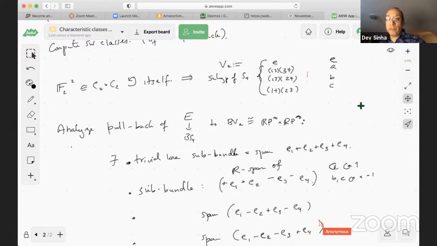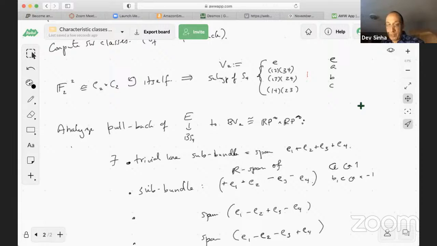All of those are things that each of A, B, and C either fixes or sends it to minus itself. So then that span is a well-defined subbundle when I pull it back to V2. And even though, I'll make note, E itself over BS4 doesn't split as a sum of line bundles.